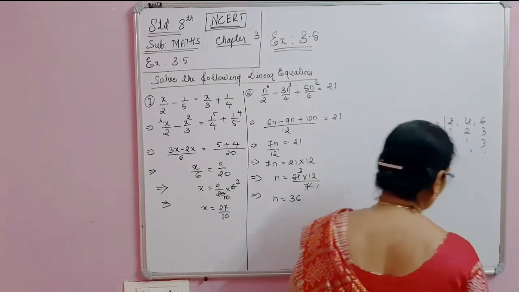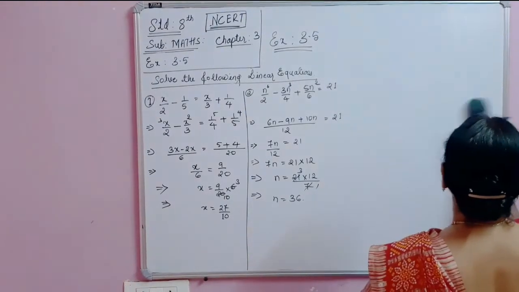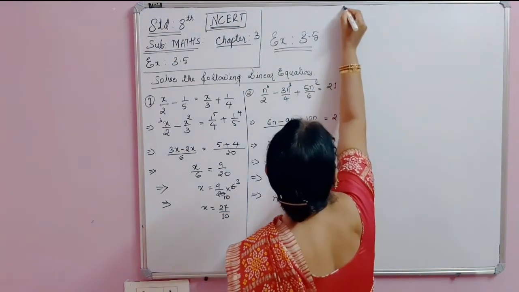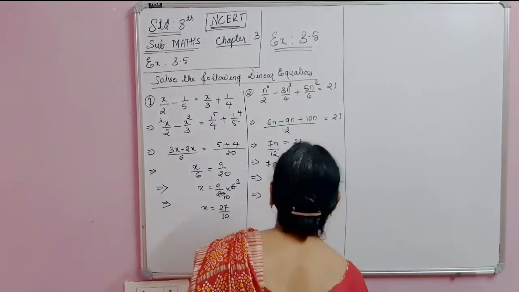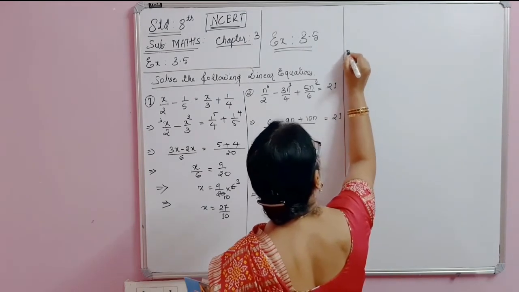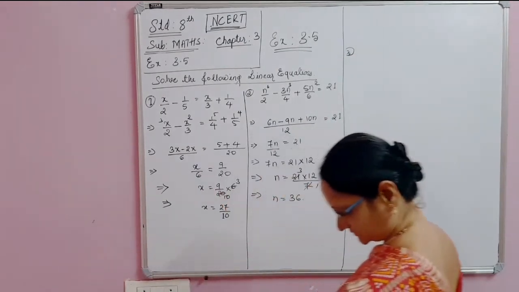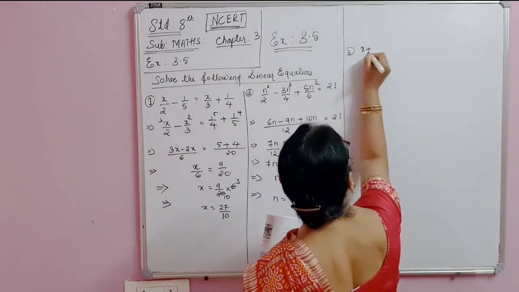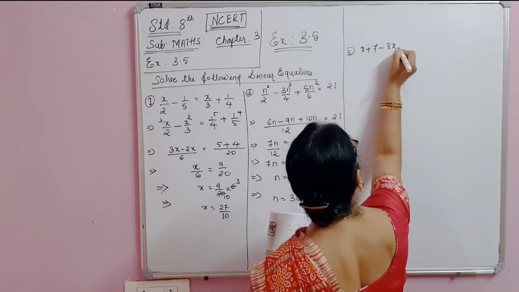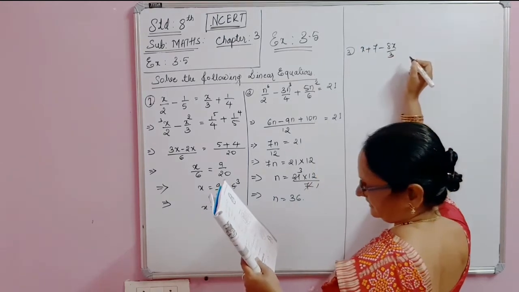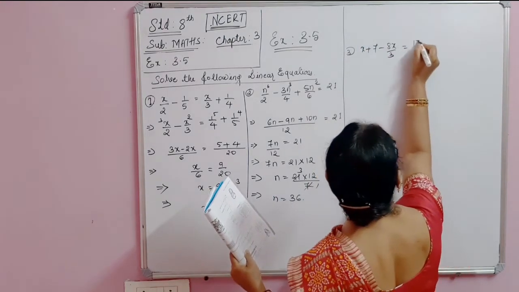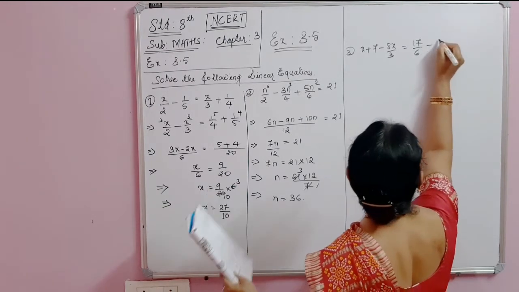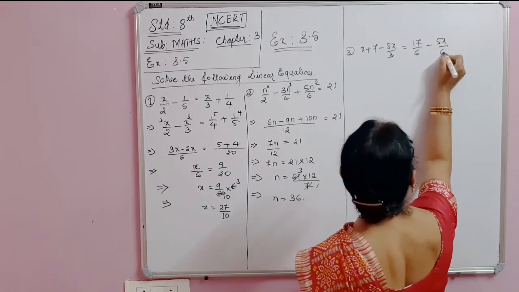Then the next problem, that is the third problem. x plus 7 minus 8x by 3 is equal to 17 by 6 minus 5x by 6.